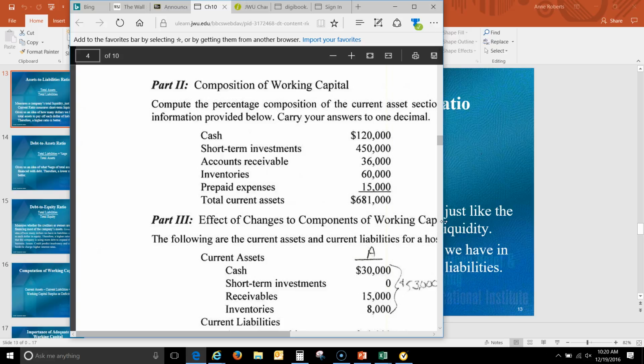Total cash divided by total current assets. So what percentage do we get? You're going to get like 17.6%. How do we get the percentage of short-term investments? Divide that by the total. 450 divided by 681.